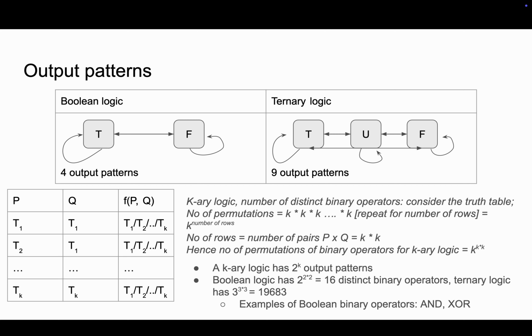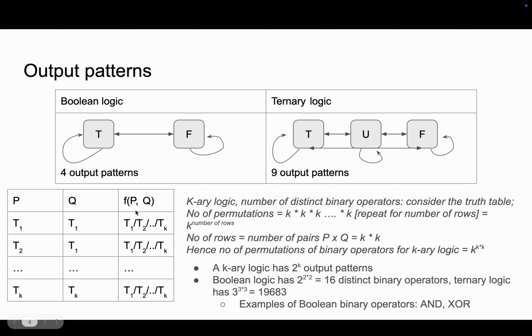When you set up a truth table, on the side of P and Q, you are essentially forming permutations of pairs of truth values, distinct pairs of truth values.